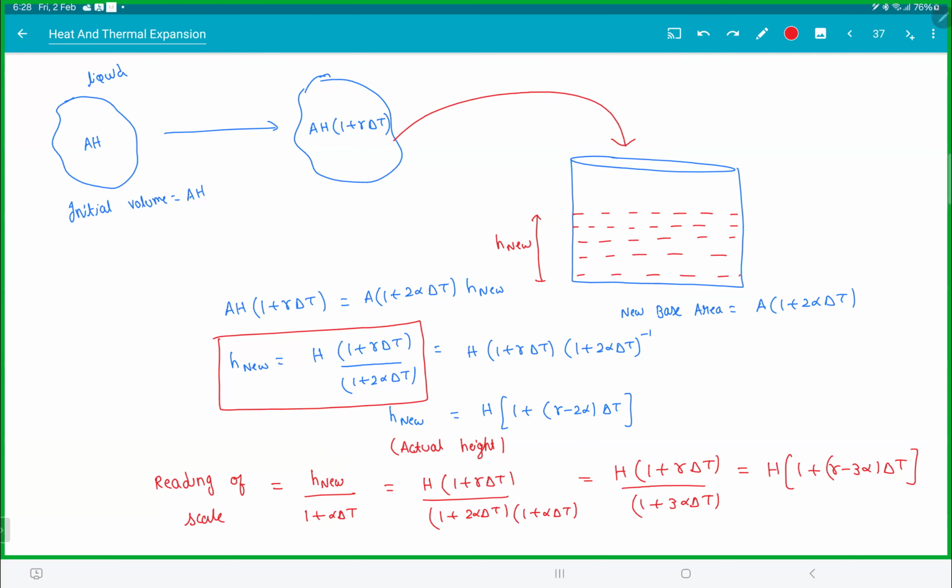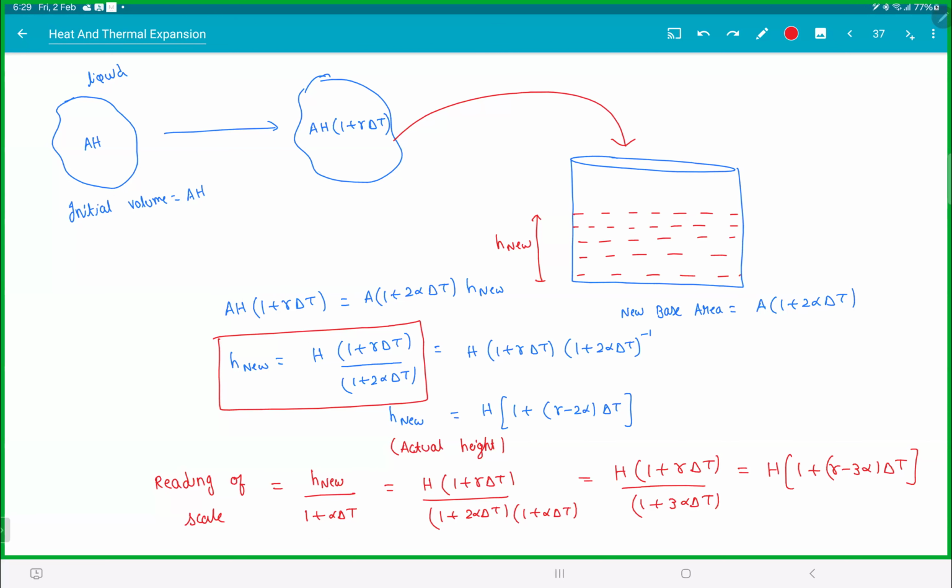Now let's see what is the meaning of this. Please have a look at this page. So if you use the scale on the container, it will show something else, because the scale also expanded, you'll get even lesser reading. The liquid actually must have gone higher, but the scale will still show something lesser. Now, let me show you with some examples that will give you a better understanding of exactly what's happening.